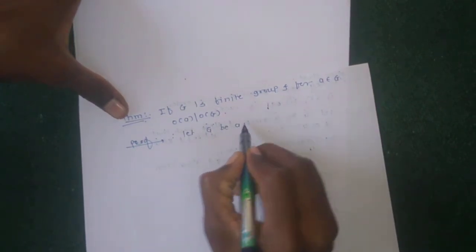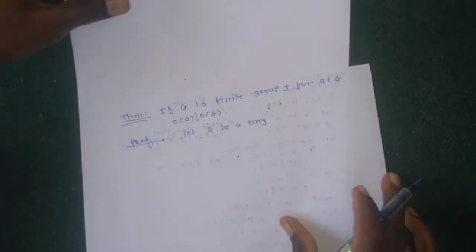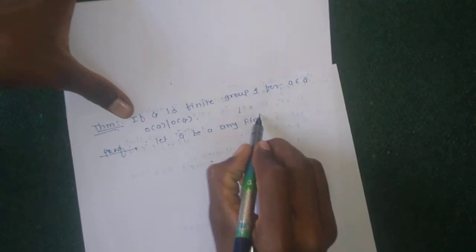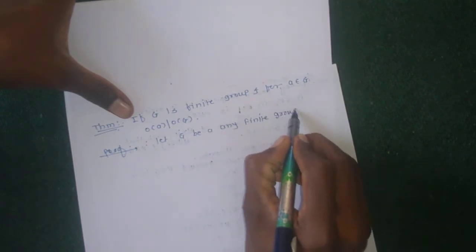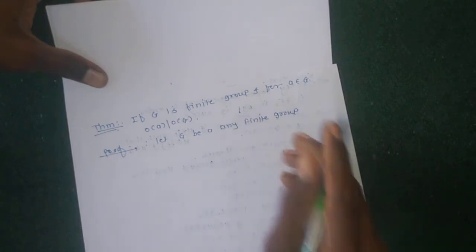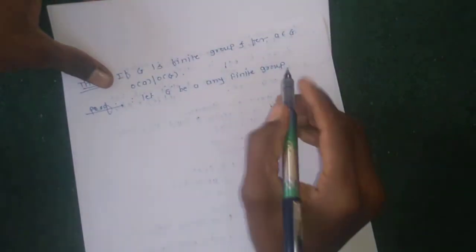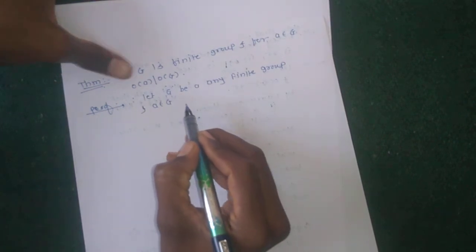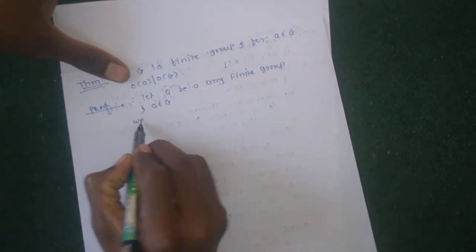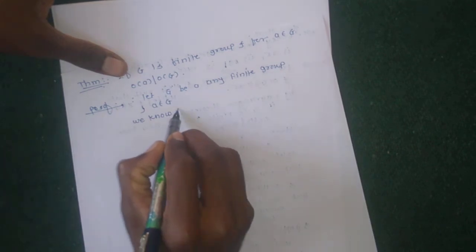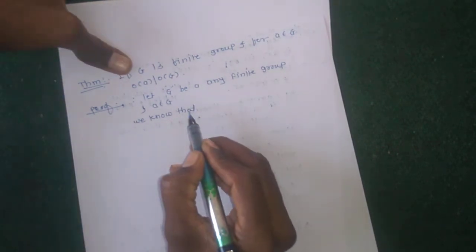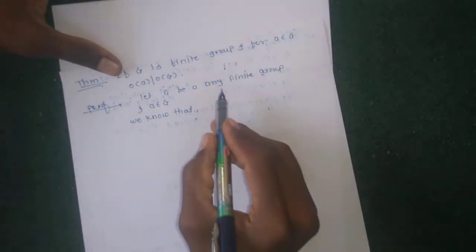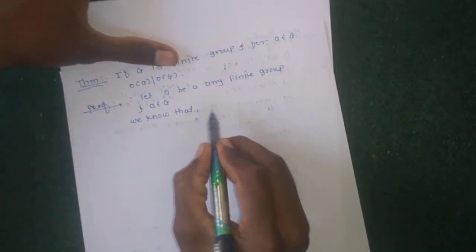So, proof of this theorem. Let G be any finite group, and choose any element a belongs to G. We know, note that every element in a finite group has finite order.